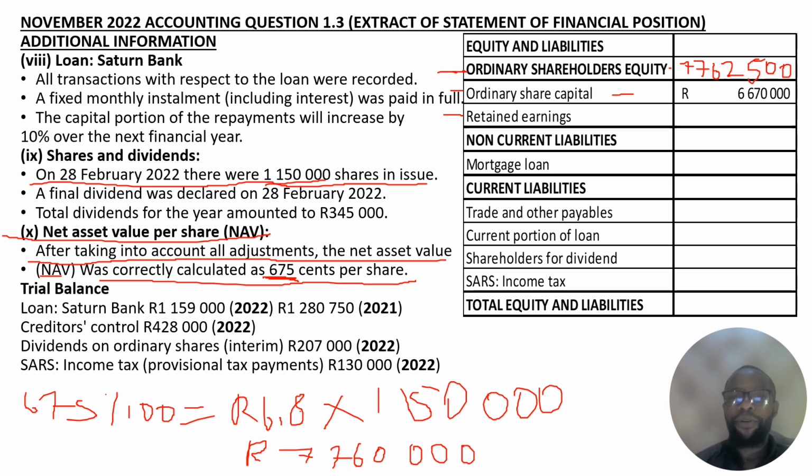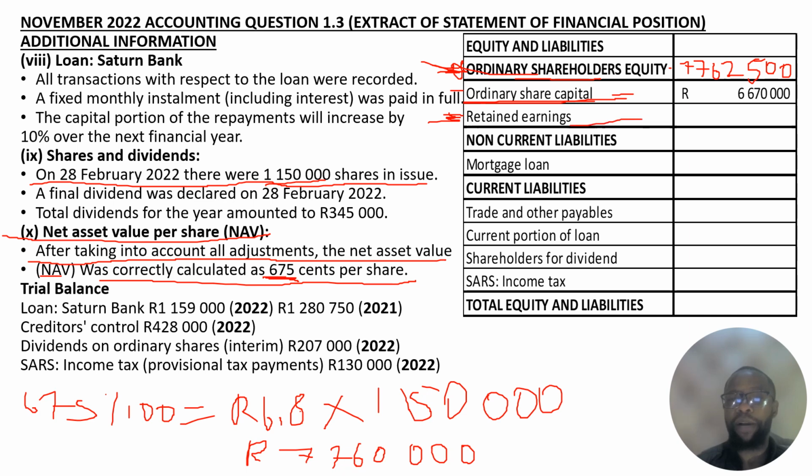So now we've got the ordinary share capital. So then we can calculate the retained earnings, because we know this amount, the ordinary share, is equal to ordinary share capital plus retained earnings. So we take the total shareholders' equity and then we deduct this ordinary share capital we've already been given.